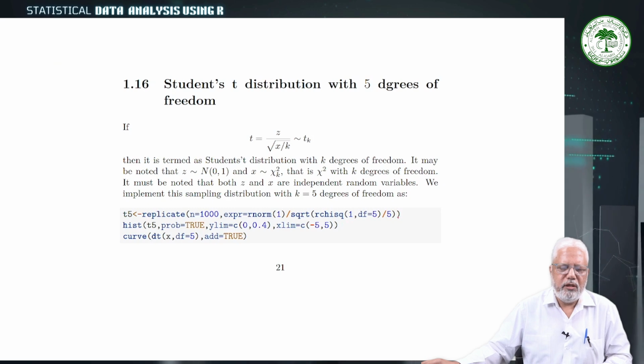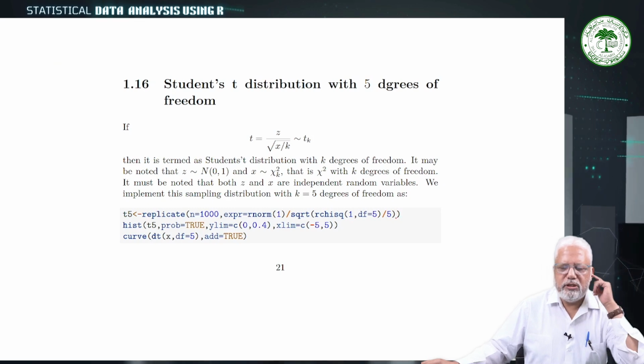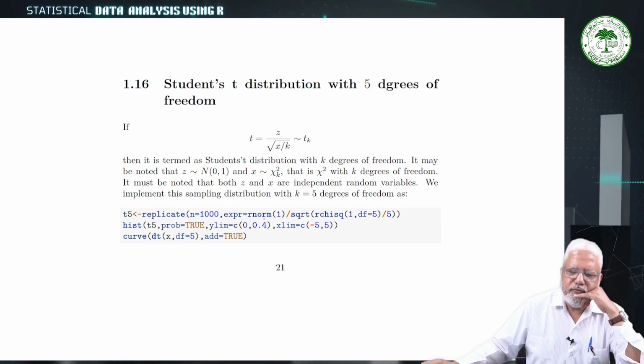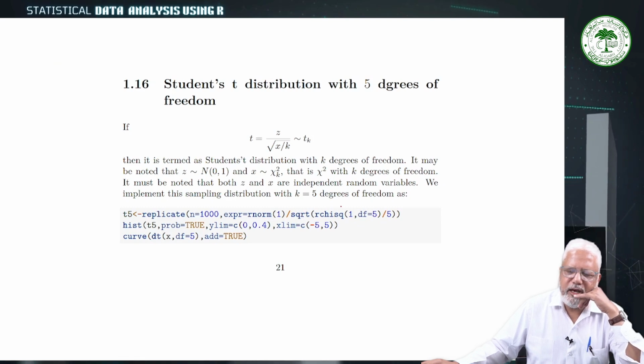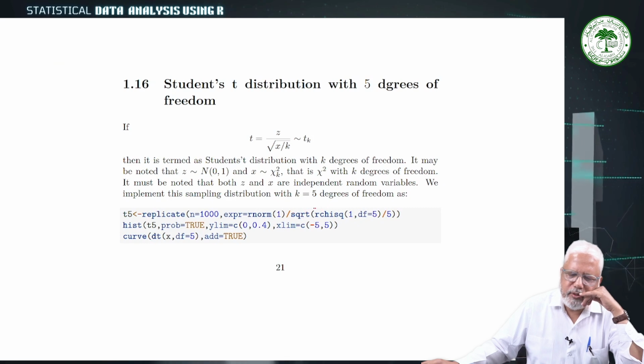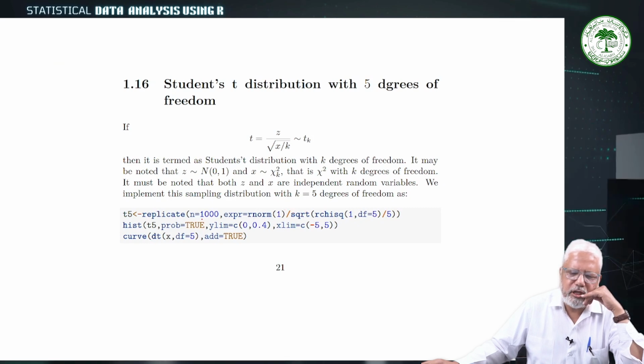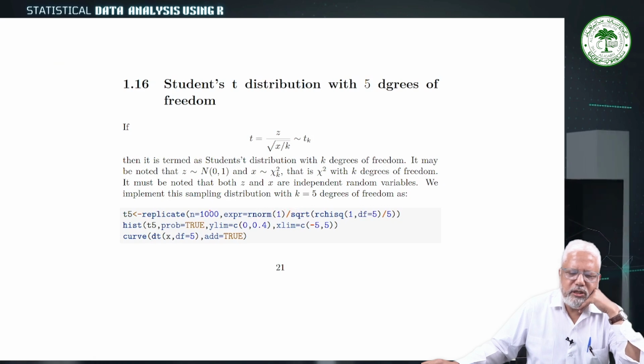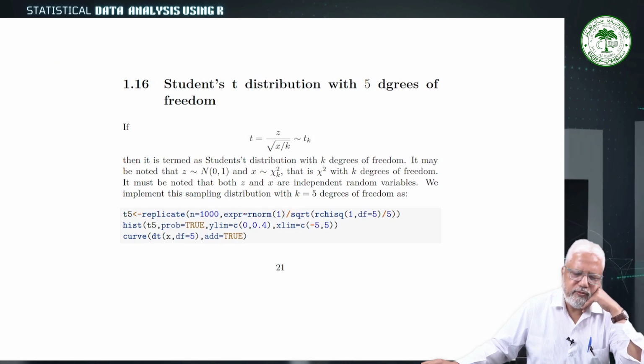So this way we are simulating each time a random sample from T distribution with 5 degrees of freedom. And how many times are we repeating this process? 1000 times. So we have 1000 T5 random variates.